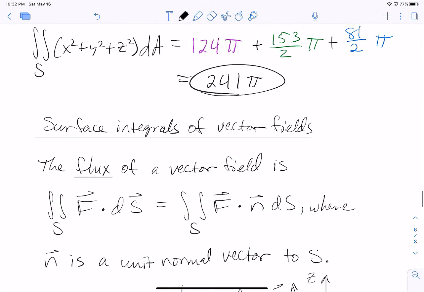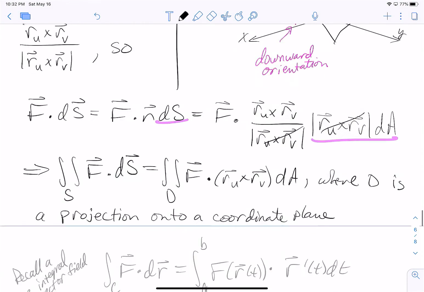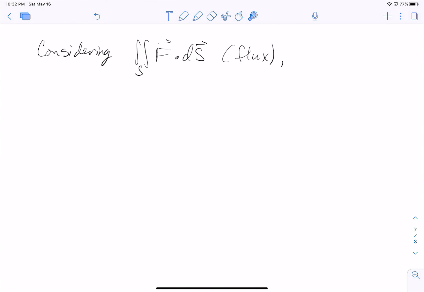So we said that we were looking at flux, but what's the meaning of flux? So the surface integral over S of F dot dS, which is the flux, if F is equal to rho times v, where rho is the density of a fluid and v is a velocity field.